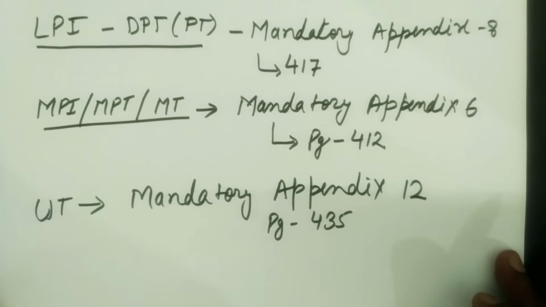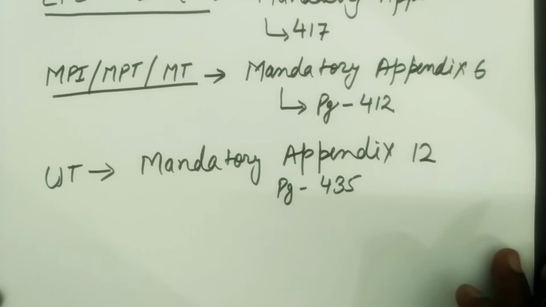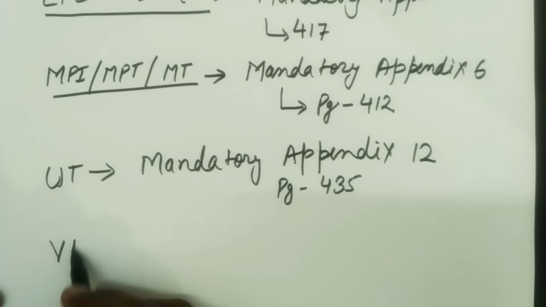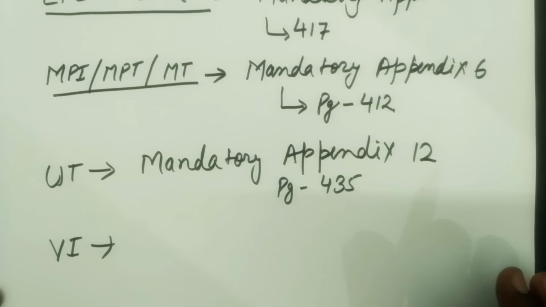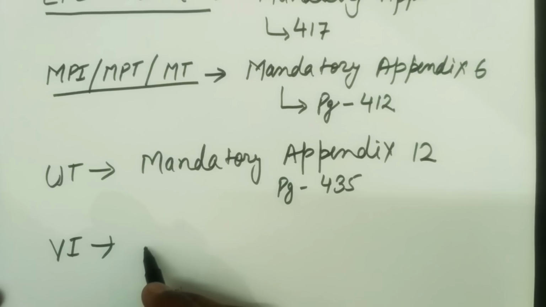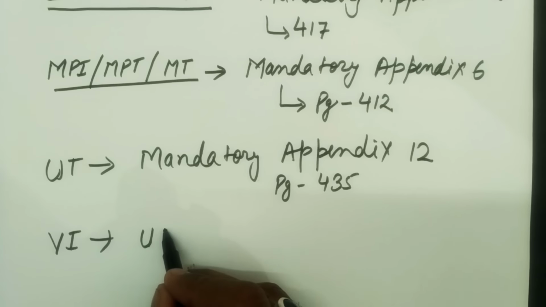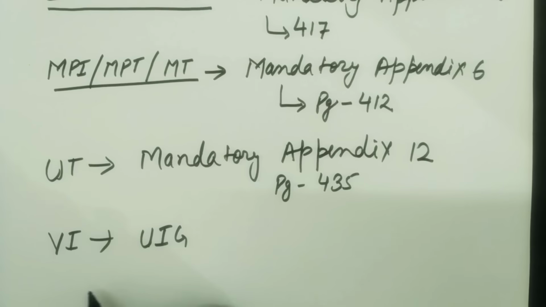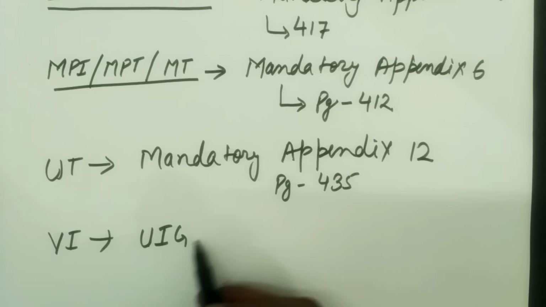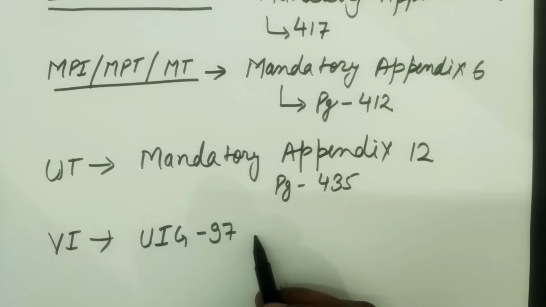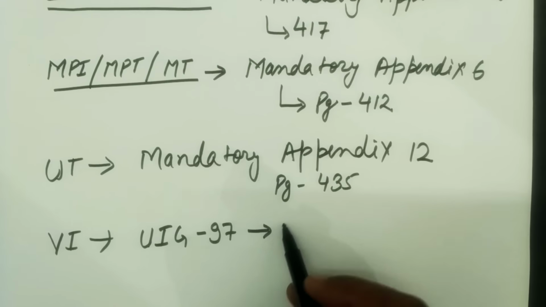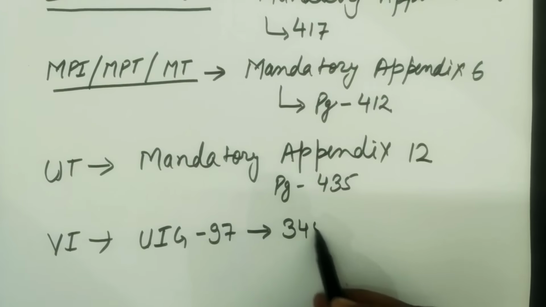Now I'll tell you about visual inspection acceptance criteria. For visual inspection acceptance criteria in ASME section 8, you need to refer to UIG-97, and this you can find in page number 345.